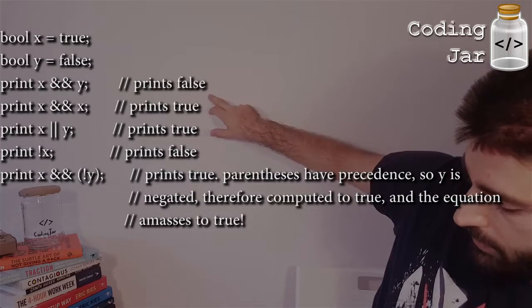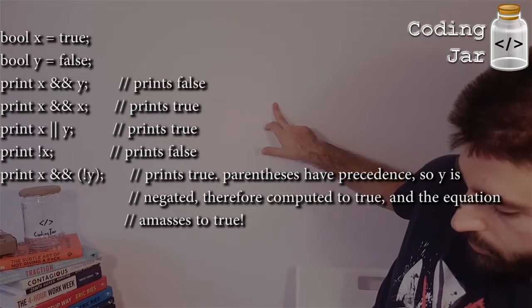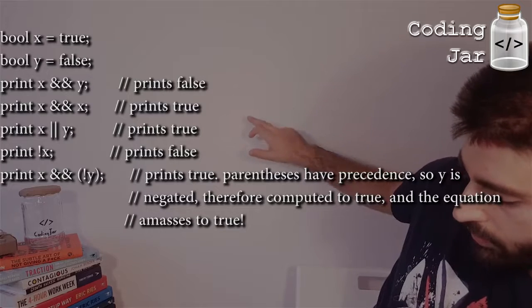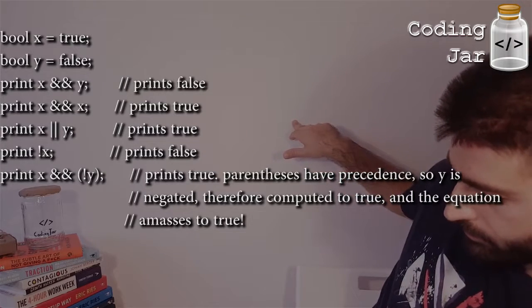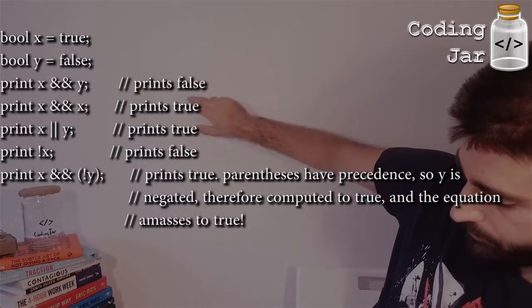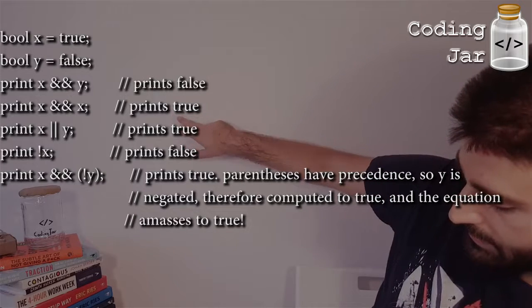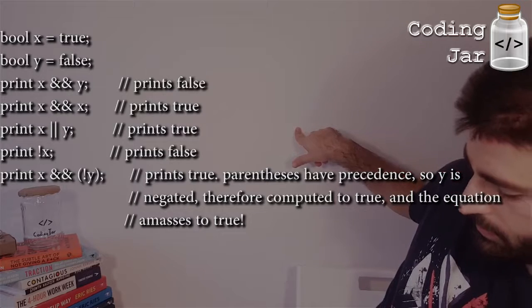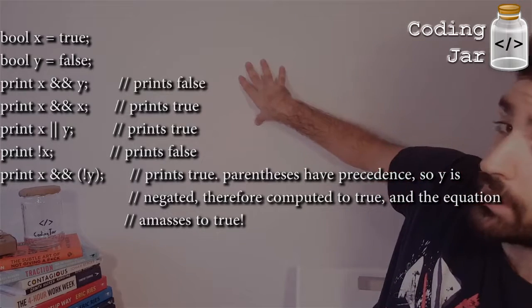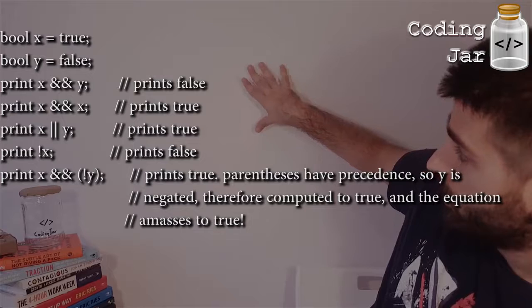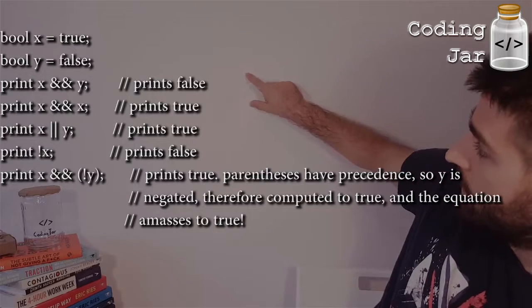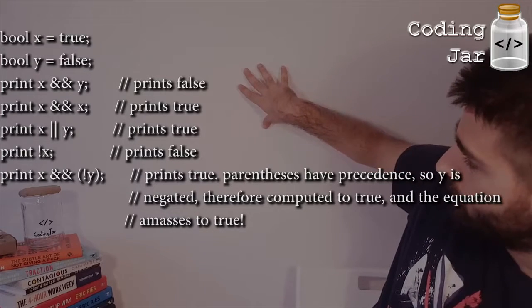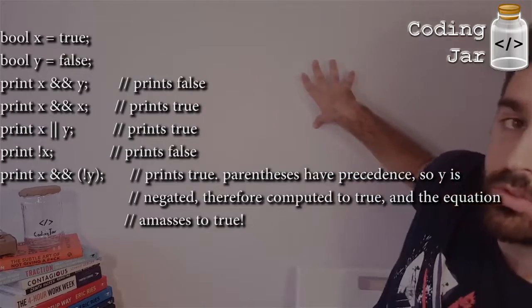X or Y will return true because X is true. Not X will return false. And now we've got a complex one. X and not Y will return true because parentheses are calculated first, so not Y becomes true. So we have true and true equals true.